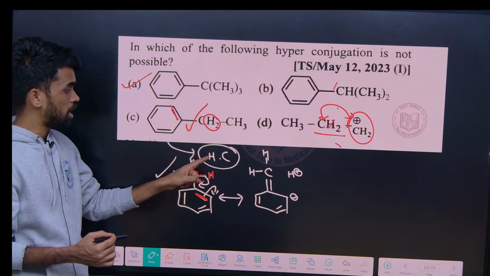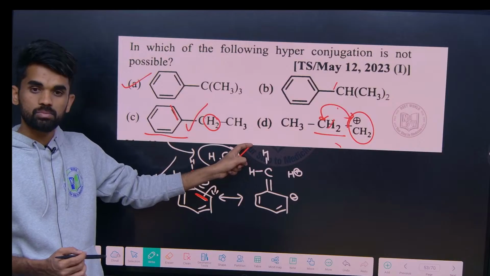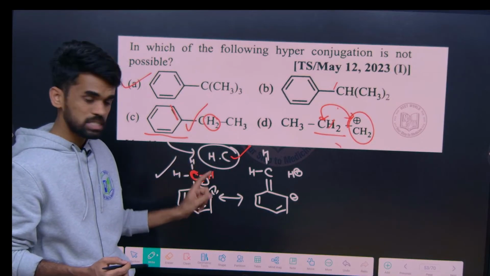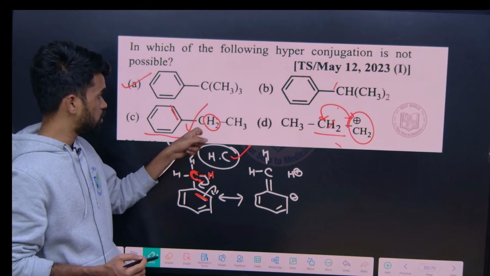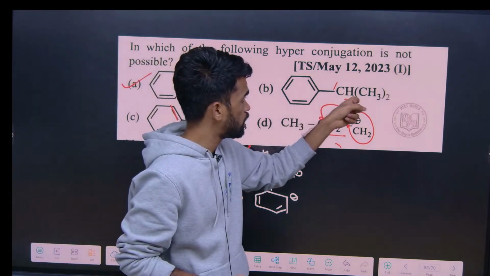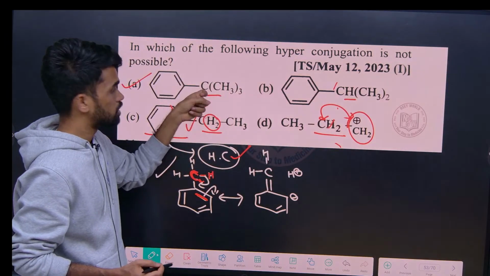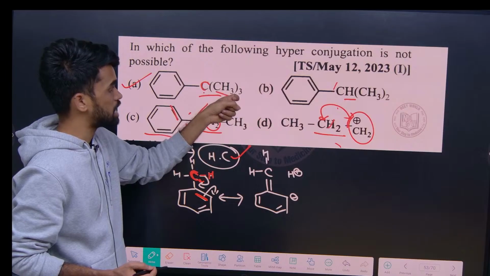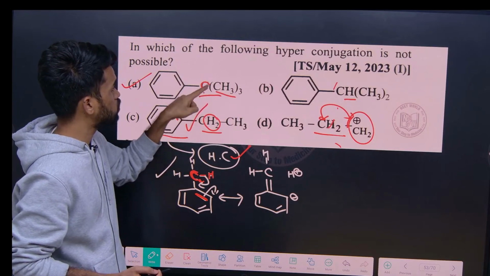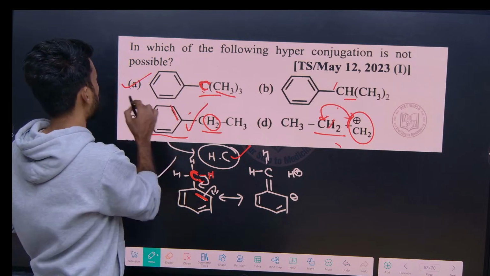So the stability of alkyl benzenes is also explained by hyperconjugation. The more the alpha hydrogens, the more the stability of that alkyl benzene. Here you have 2, so it is stabilized 2 times by hyperconjugation. Here one hyperconjugation takes place. But here, to this carbon only methyls are attached. Do we have any hydrogen on this carbon itself? No. So no hyperconjugation in option A.